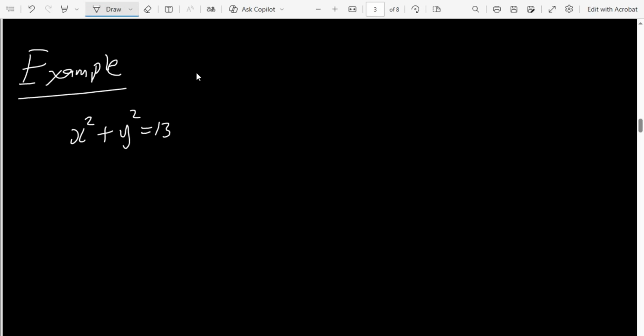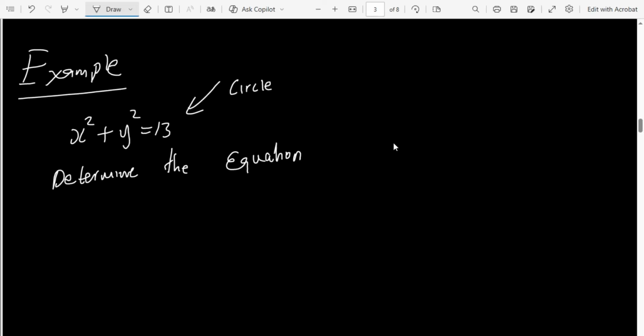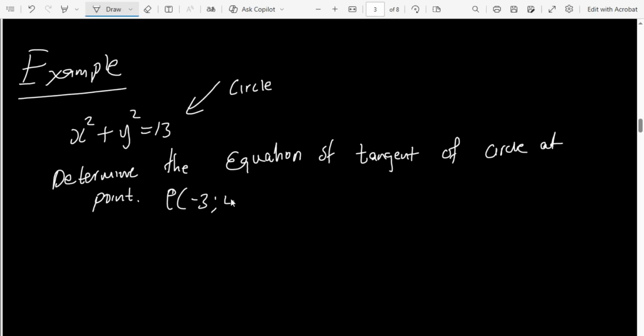This is the circle, and we need to determine the equation of the tangent of the circle at point P of (-3, 4). Okay.